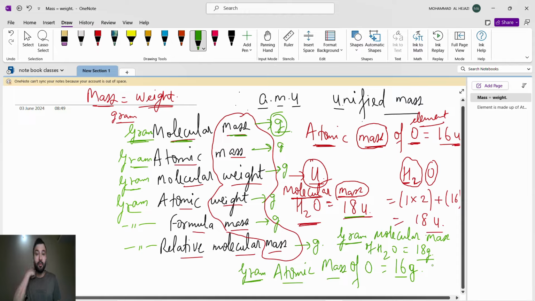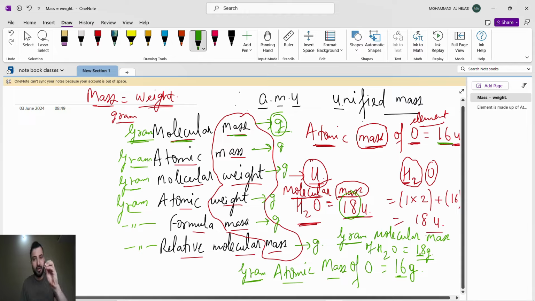Gram molecular mass means molecular mass expressed in gram. Understand the difference when we have to use U and when we have to use G in the unit. The quantity will remain the same: for oxygen it is 16 here and 16 here, and for water 18 here and 18 here.